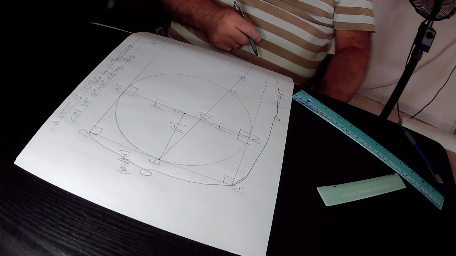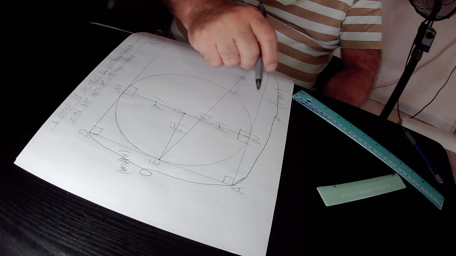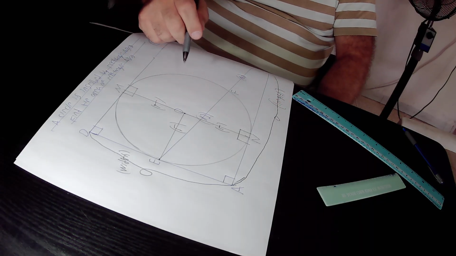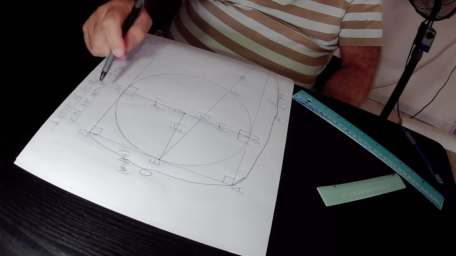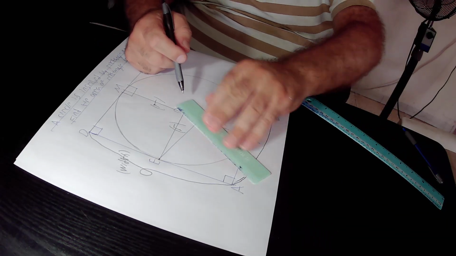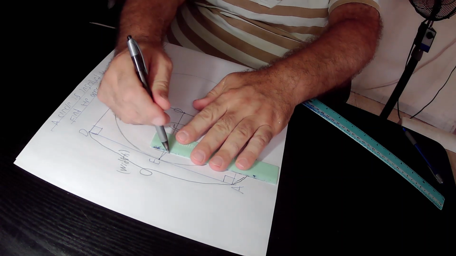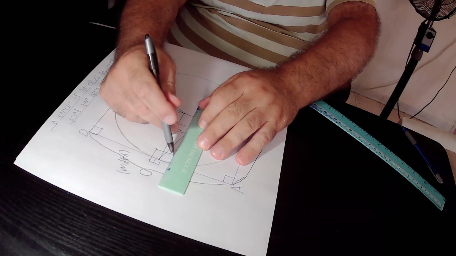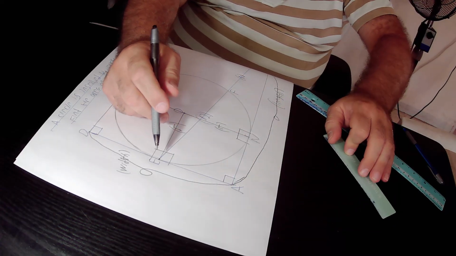And whenever you have a radius that is drawn to the point of tangency, then tangent DA will be perpendicular to the radius EO. If DA is perpendicular to EO, it means that this angle equals 90 degrees, and this angle also equals 90 degrees according to the same rule, rule 1.